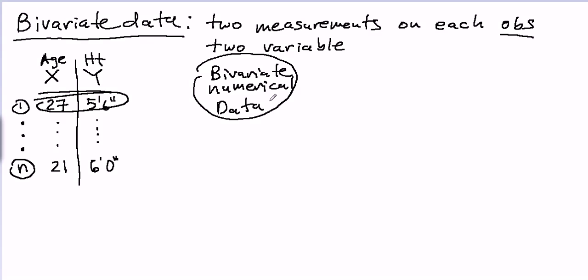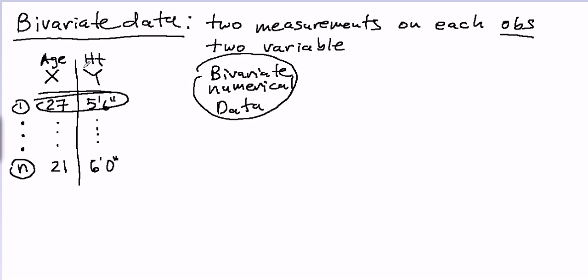In this module, where we're going to eventually be talking about correlation and simple linear regression, bivariate numerical data specifically is what we're going to focus on. So here's an example of that. Two variables measured on each observation, both of them being numerical.